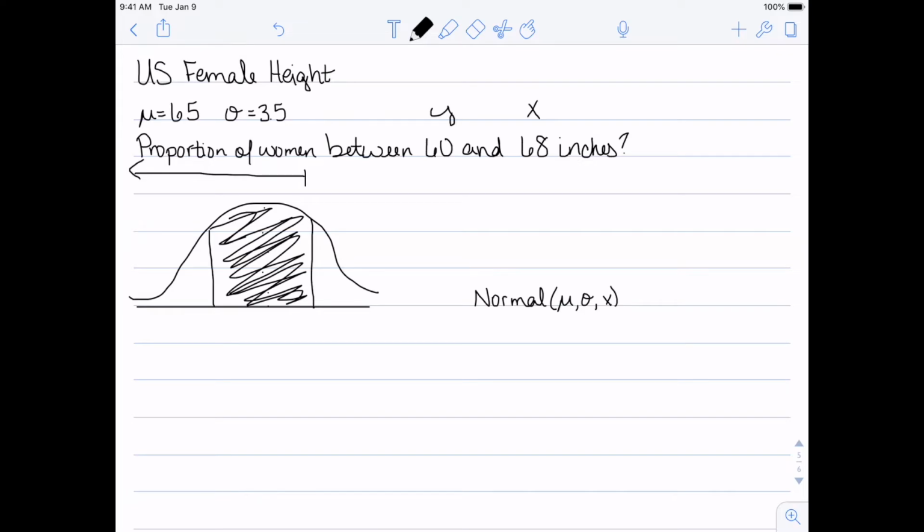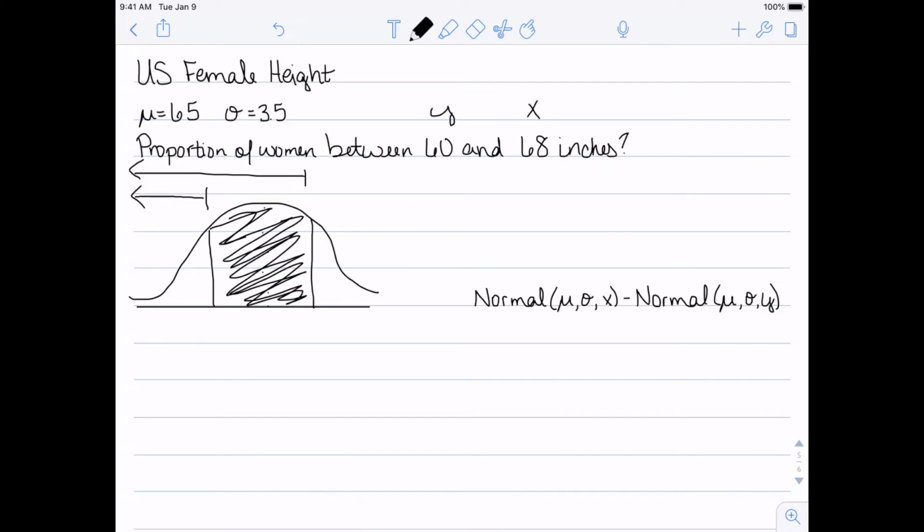If I look at the normal distribution with y, the 60, it gives me this piece, the area that I don't want. So we're essentially going to use our normal command on both of these data values and subtract the results. So we have normal of mu, sigma, x minus normal of mu, sigma, y. And like I said, we always do the big minus the little.